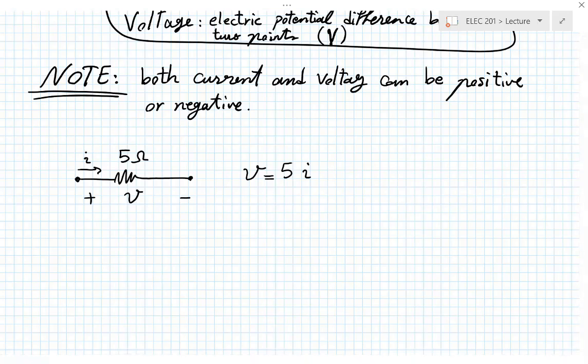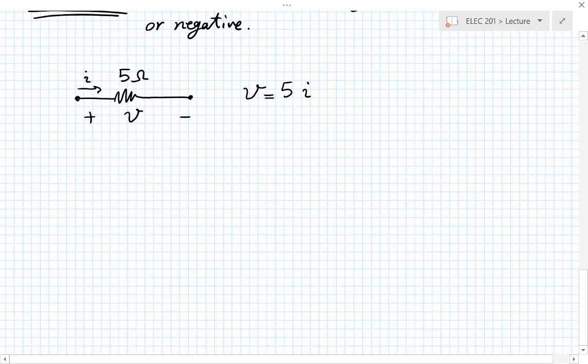From the point of view of the algebra of the problem, I could just as well have defined this other problem. I could have said, no, I call it minus 5 ohms.